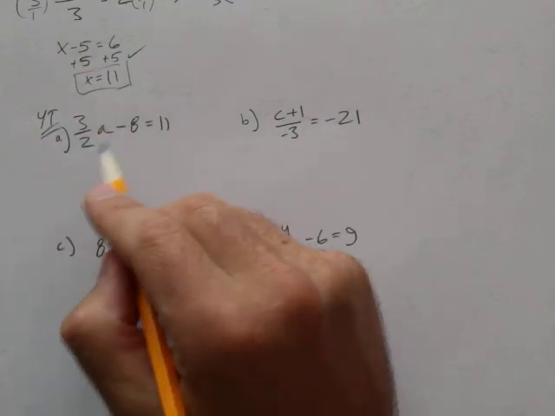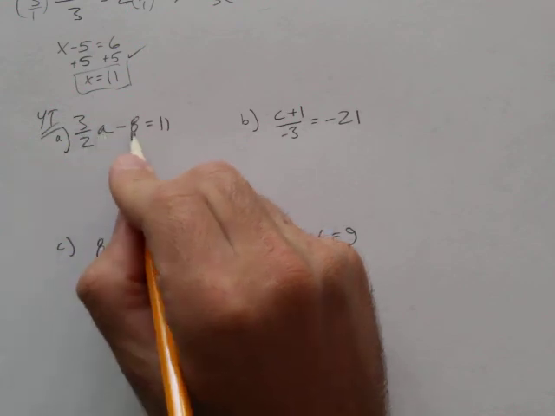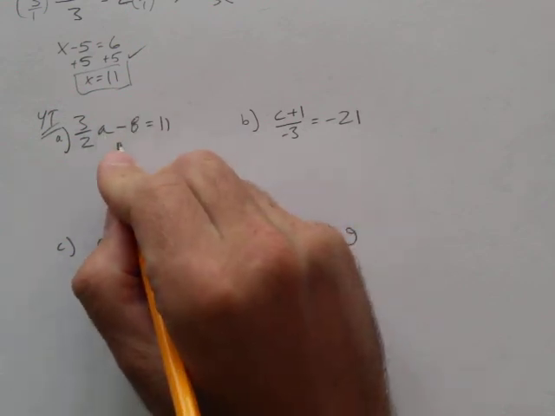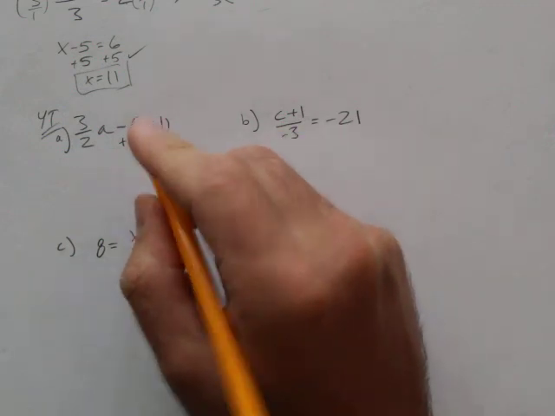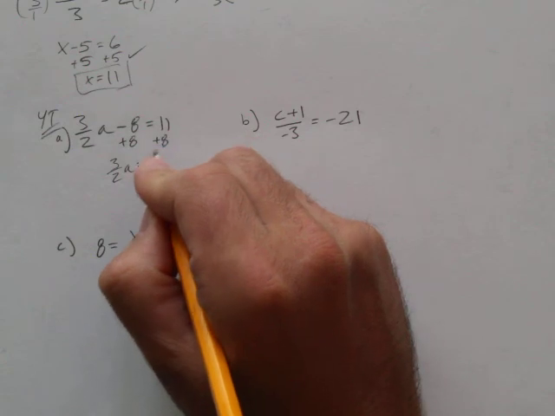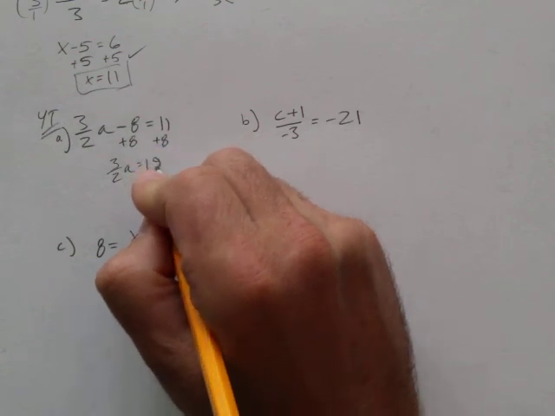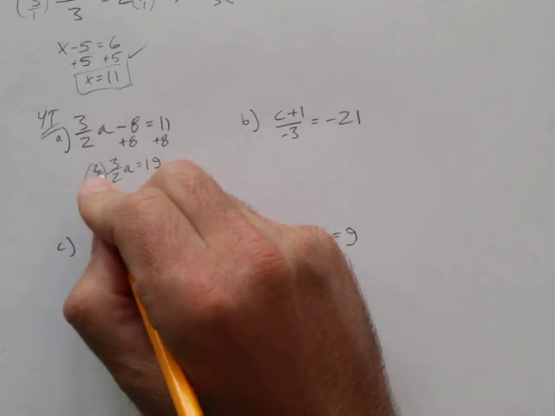Okay, let's do this first one here, A. I'm not going to look at this yet. I just want to get this 8 out of here. So I'm going to add 8 to both sides because it's negative, so I'm going to want this to be 0. 3 halves a equals 11 plus 8 is 19. Now I'm going to multiply this by 2 over 3.